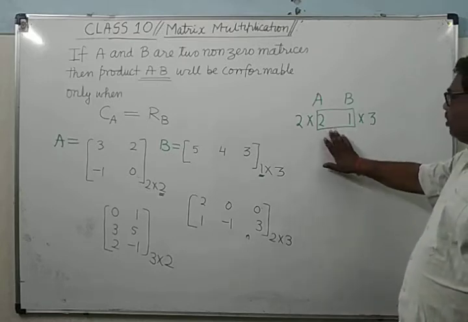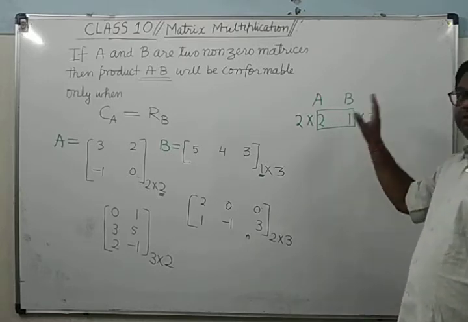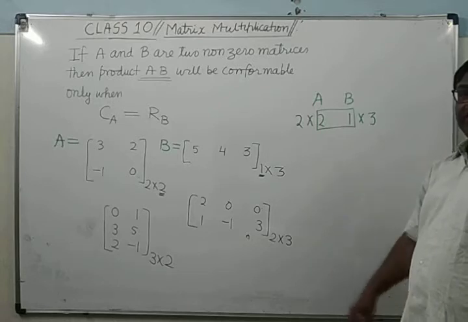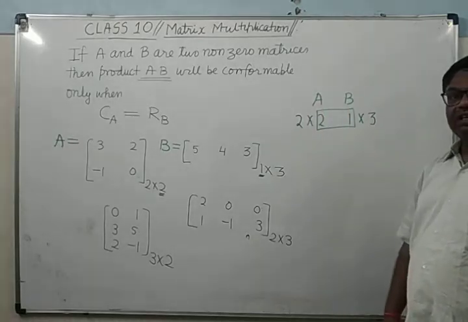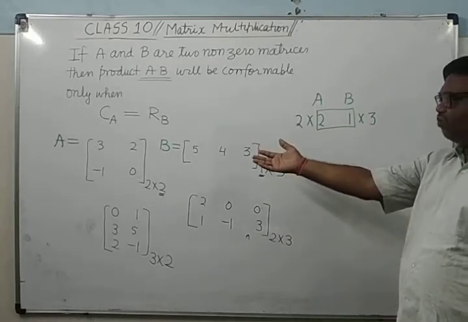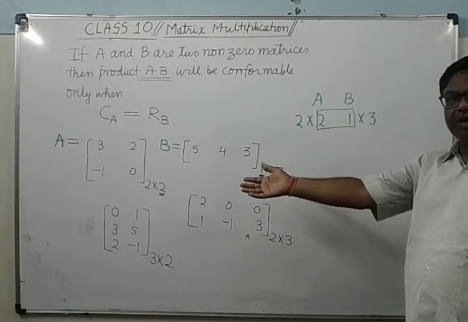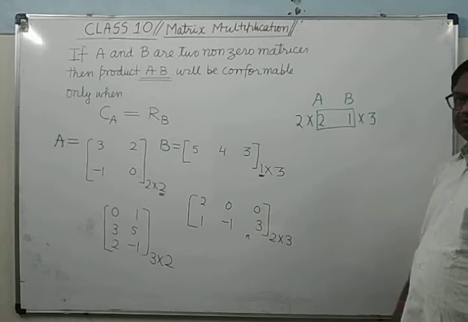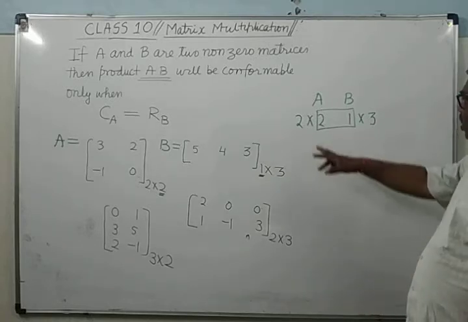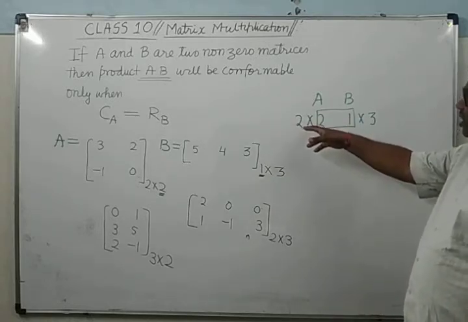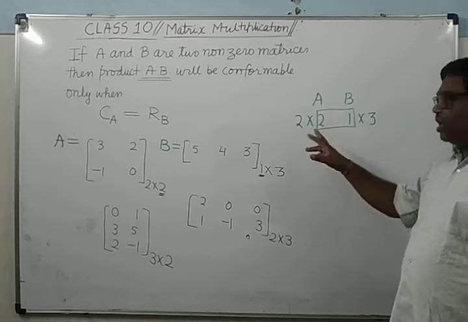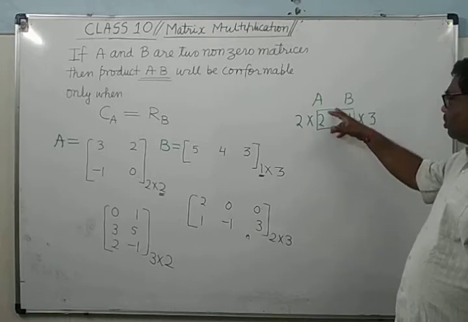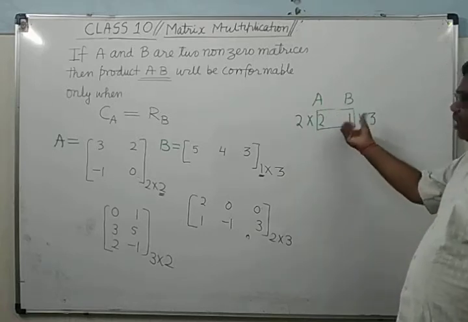If they are different, the product will not be possible. So there is no need to decide which is the number of columns or the number of rows. You write down both orders, 2 cross 2 and 1 cross 3, and then see whether these two numbers are the same or not.